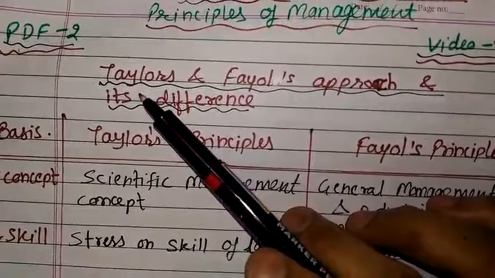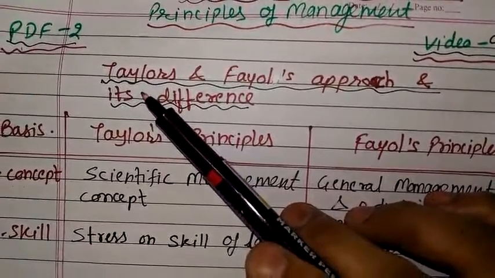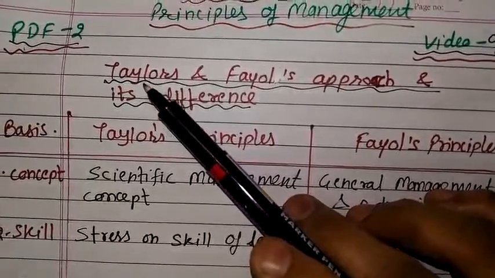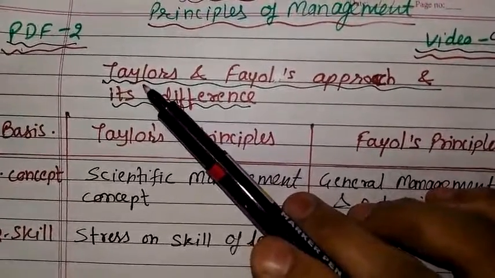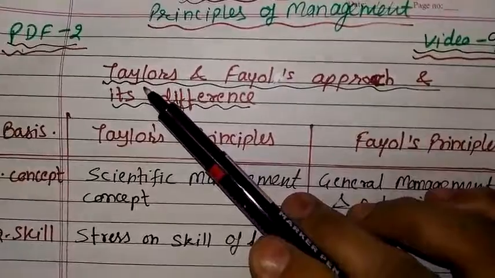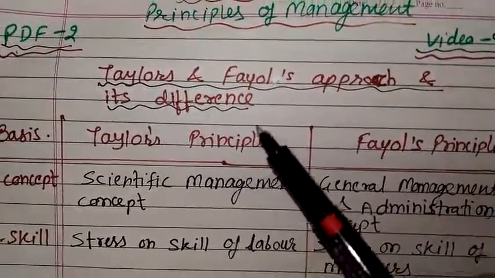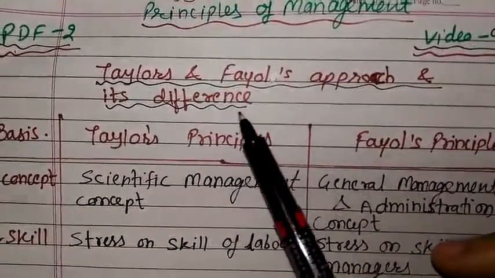In the same way, there are some principles given by F.W. Taylor which are called the principles of scientific management. They are also explained in another video, and here is the comparative study between Taylor's and Fayol's approach.